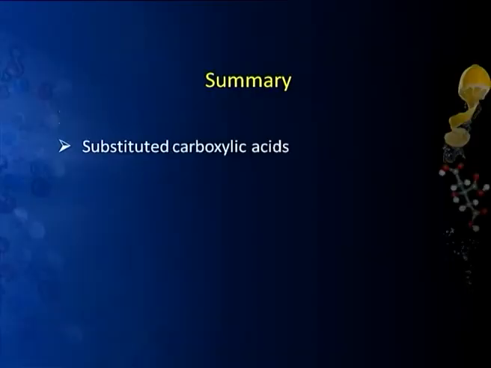So, these were the properties, rather I will say the specific properties of hydroxy acids, and I said they show all other properties of carboxylic acids or alcohols which we have discussed earlier. So, let us summarize our today's work. Today we discussed what type of compounds are called substituted carboxylic acids.